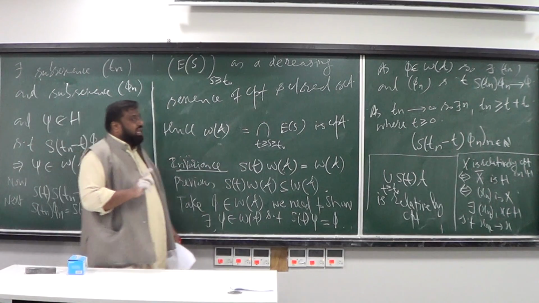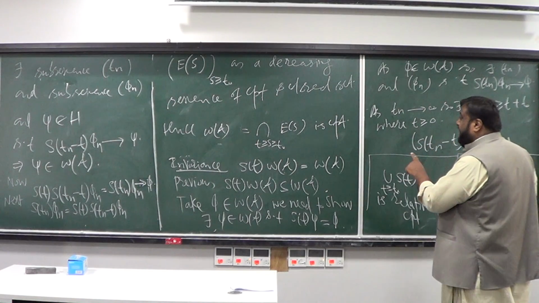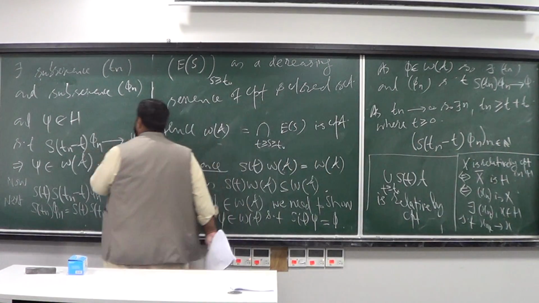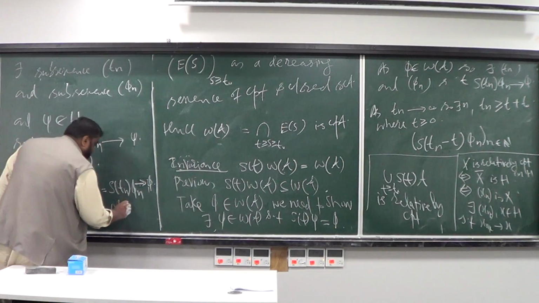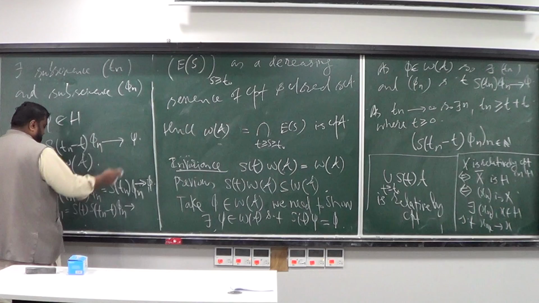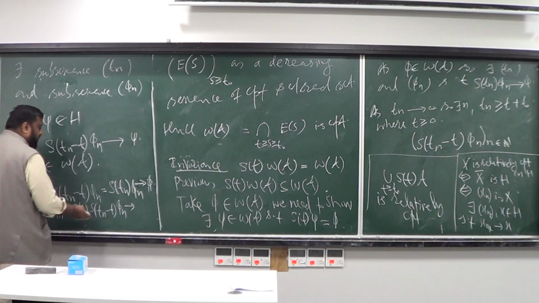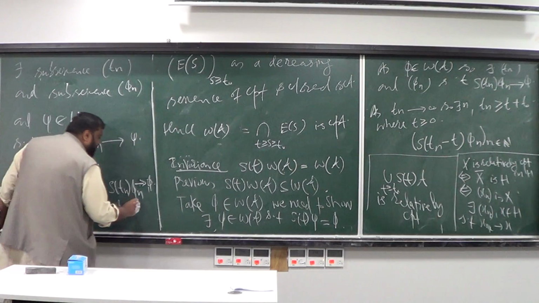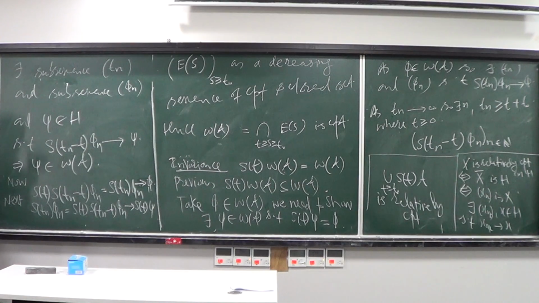As n goes to infinity, I know that S of Tn minus t operated onto phi n converges to psi. If this converges to psi and S of t is a continuous map, it will map the convergent sequence onto a convergent sequence. In other words, S of t operated onto the sequence will converge to S of t operated onto psi.